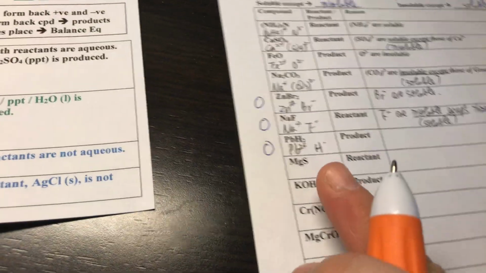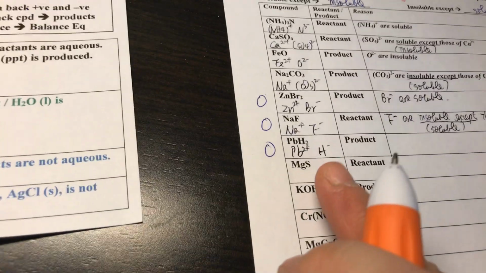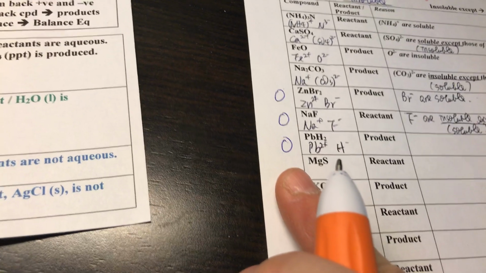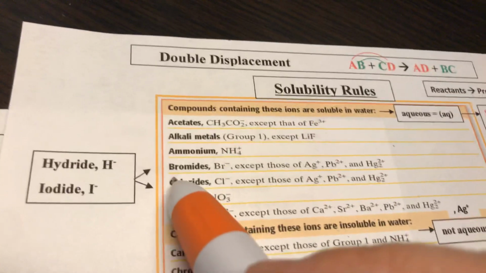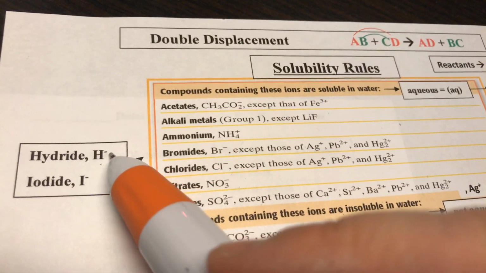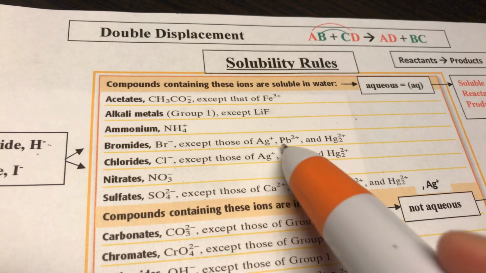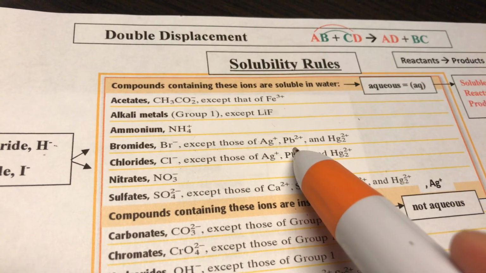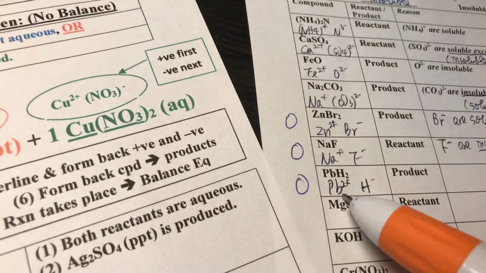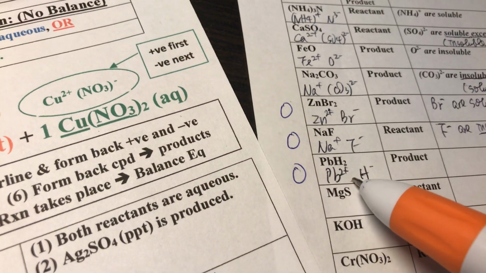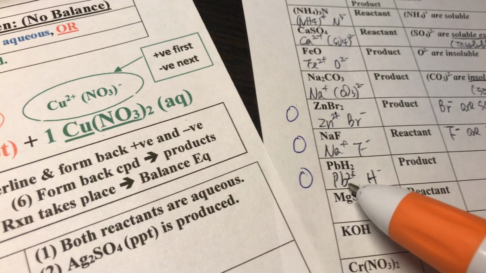So H− is hydride. So we want to look up hydride and to see if Pb2+ is an exception, okay? So hydride, they follow the same thing as bromide. So hydride H− are soluble. Do we have exception? Except those of Pb2+. Yes, we do have exception. So in other words, if this question is PbH4, then you will have Pb4+.